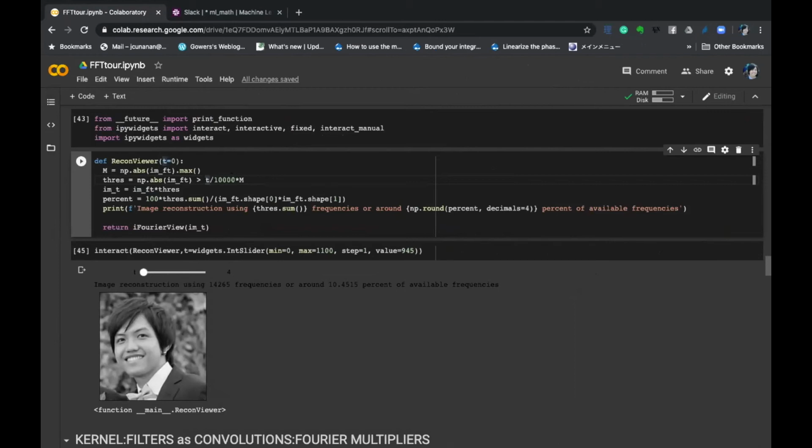This is arbitrary. I just wanted this to work as quickly as possible. I just want to put a fraction, so that is my threshold, a fraction of your biggest.